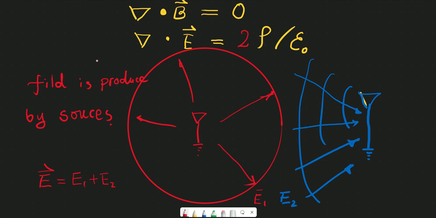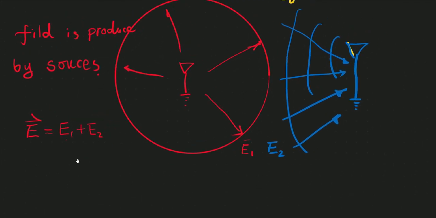In this case, the E1 should be, so originally you only has E1, now you have E2 that. That is the reason we need to do this. To do E go to half in the formula.